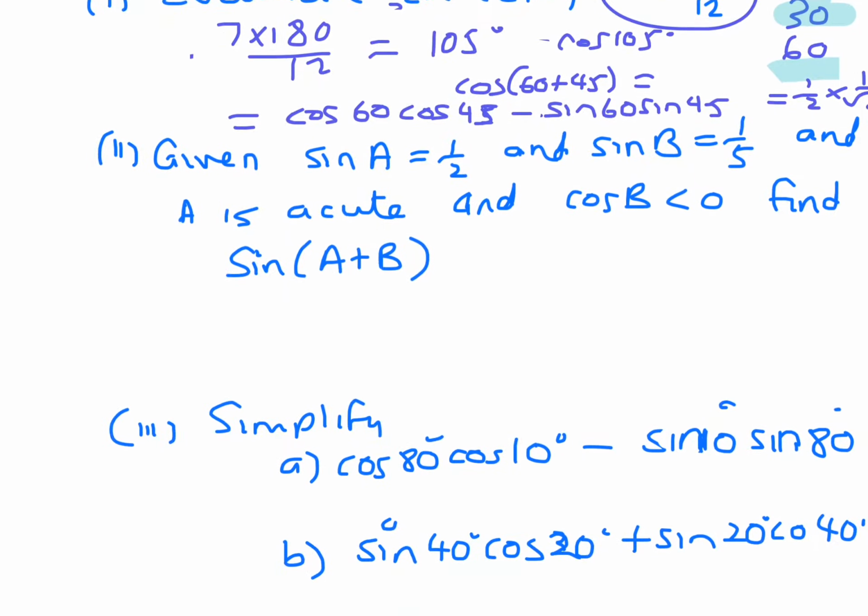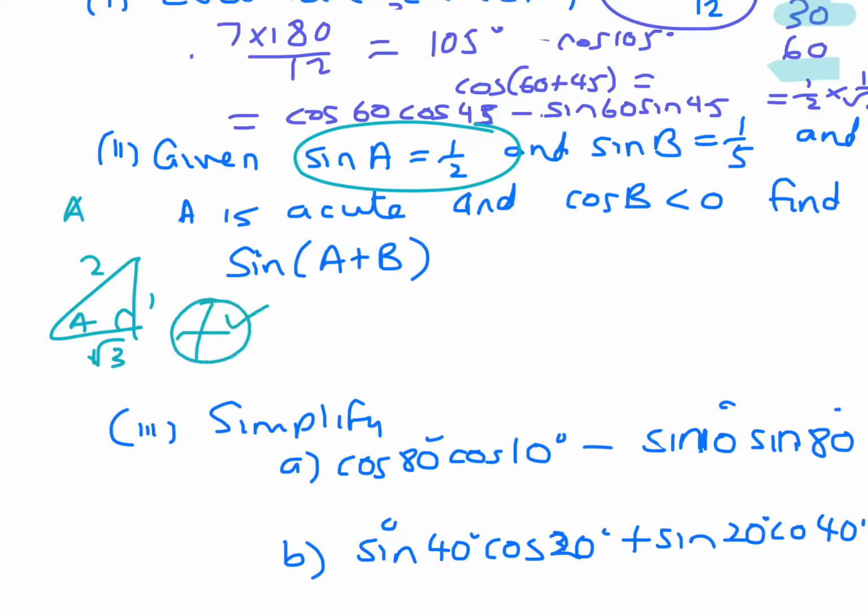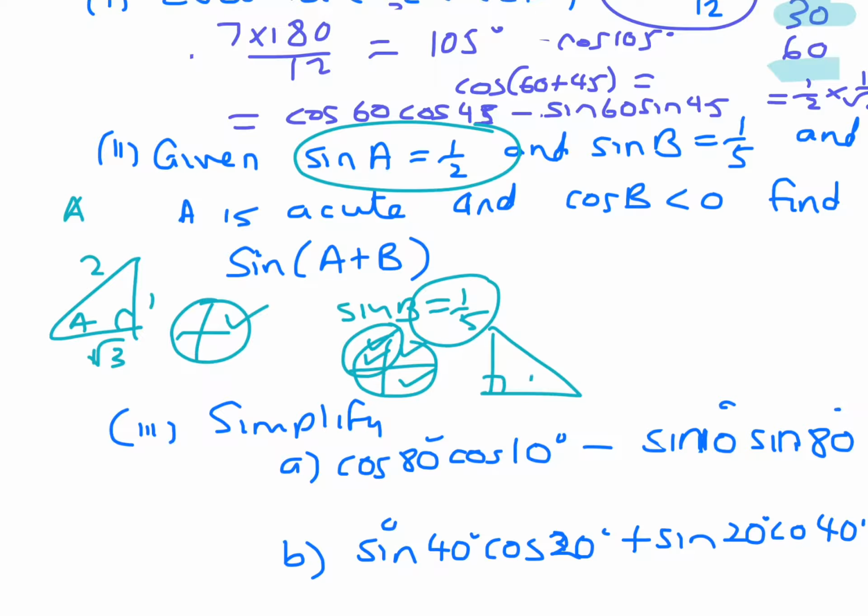Alright, so if we look at the next one, we need the triangle for A, so sine A is a half, so that's 1, 2, so that would be root 3, and it's in the first quadrant, so it'll be positive. And sine beta is 1/5, and it says that cos is negative, and sine is positive, because sine is equal to 1/5, so it means it's in quadrant 2.